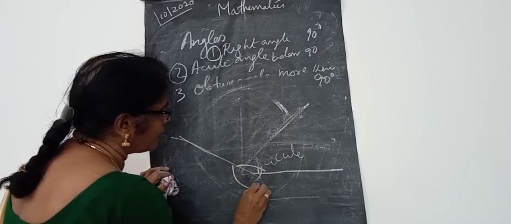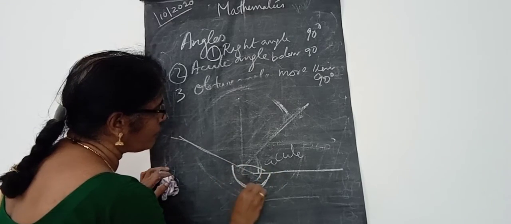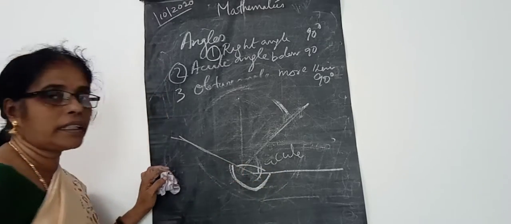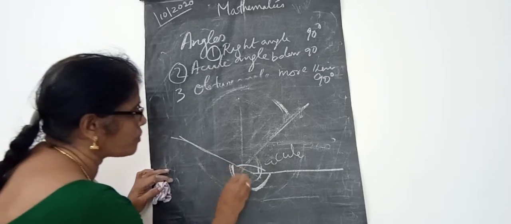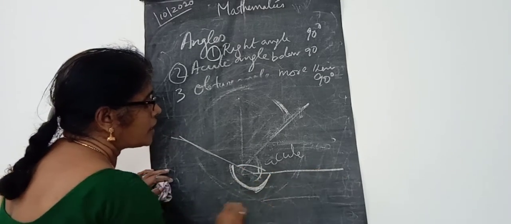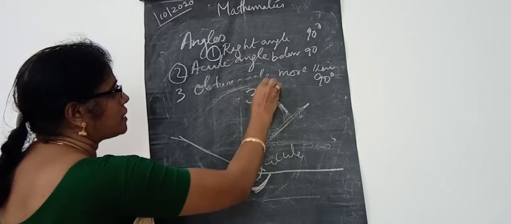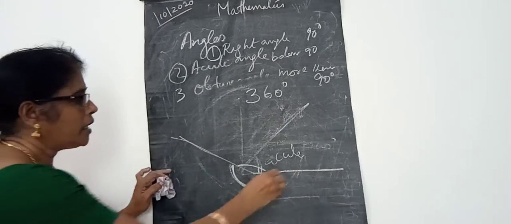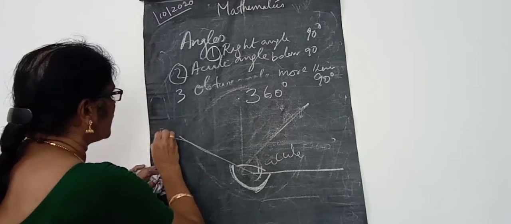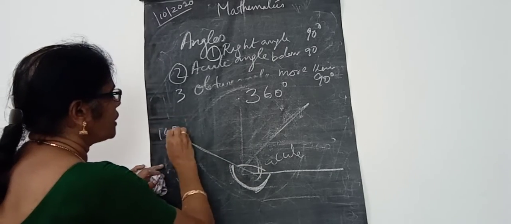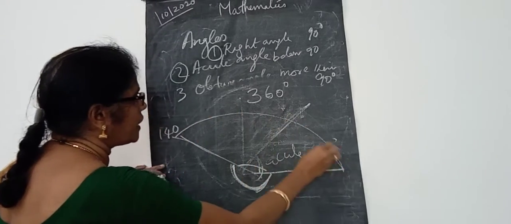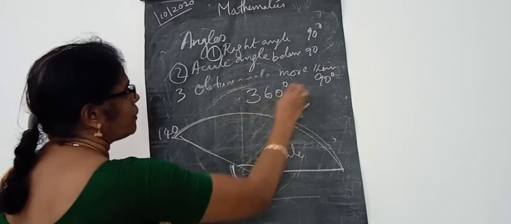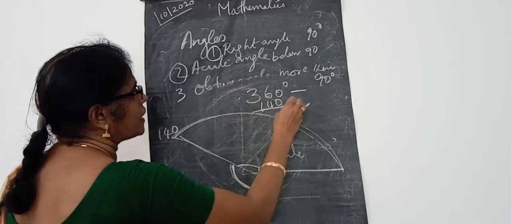And if this one, yes, this portion is more than 180 degrees, because a complete revolution is 360 degrees. In this 360 degrees, here is 140 degrees. So 360 minus 140 degrees, what is that?